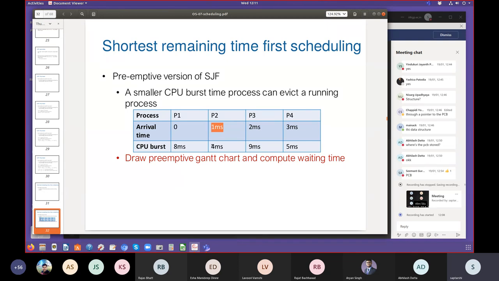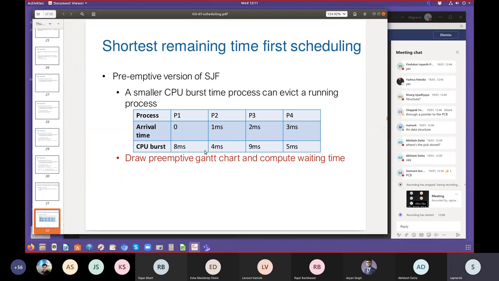P2 has a smaller burst time than the remaining P1. At time t equal to 1, P1 still has 7 milliseconds left in the CPU burst, 8 minus 1, but P2 has come with burst size 4. Therefore, according to the preemptive version of SJF, P1 will be evicted and P2 will be given the CPU.